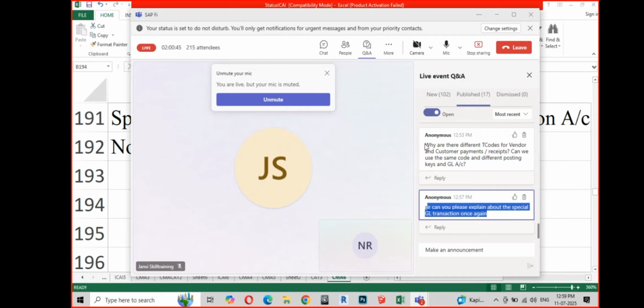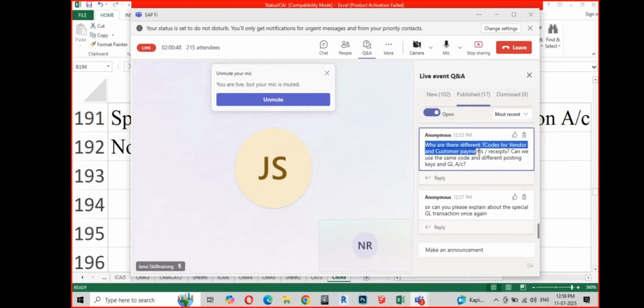I will take up that question after we come back from lunch. Did you understand the answer for this? Why are there different transaction codes for vendor and customer payments or receipts? Can we use the same code for different posting keys and general ledger account? I didn't understand the second part of this question.